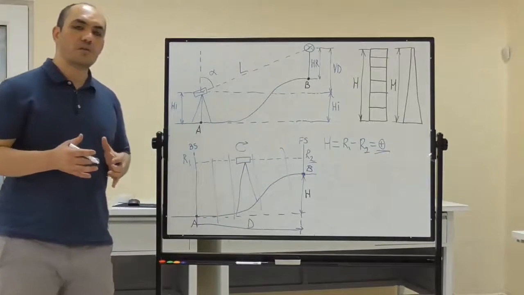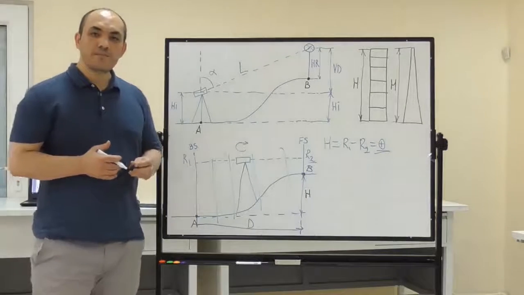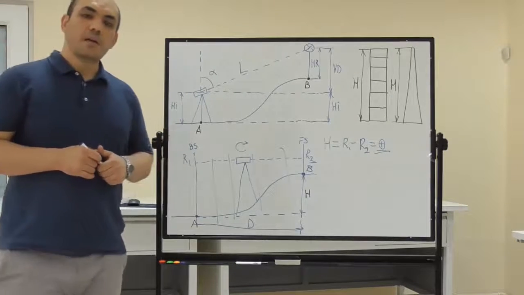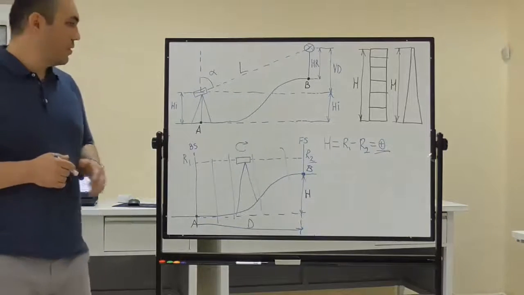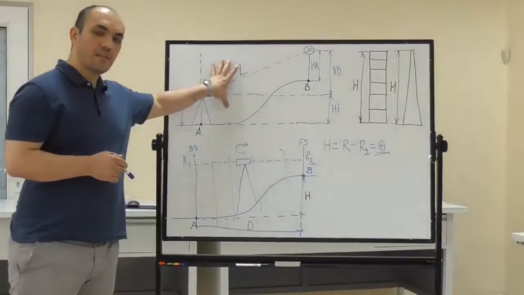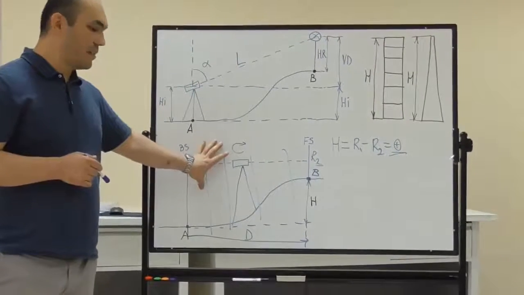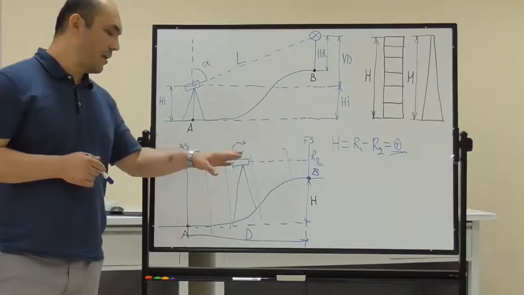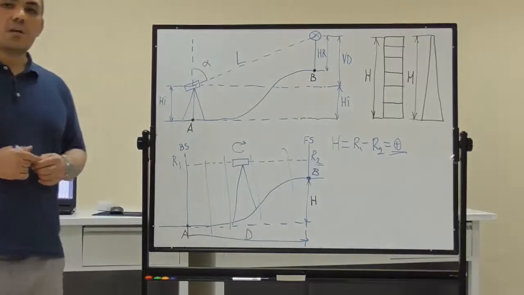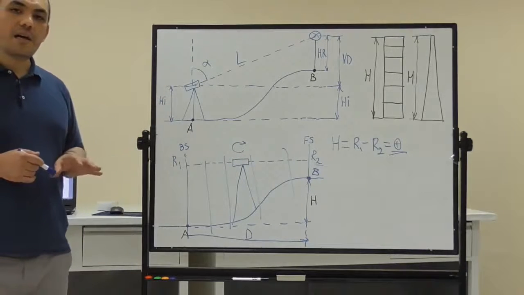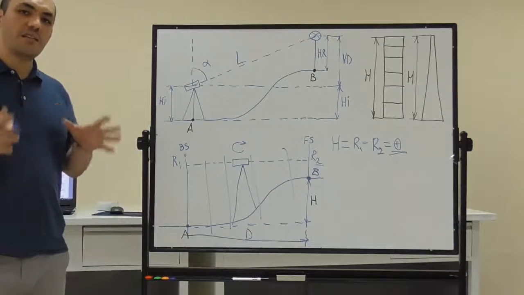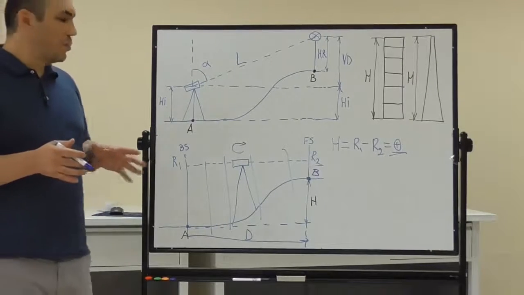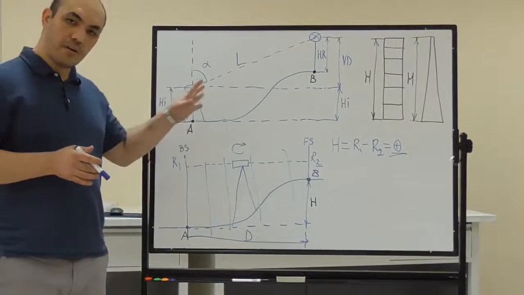So now I'm not going to discuss differential leveling, and I've just explained two methods. The first is the indirect method, and the second is the direct method to calculate the relative height between A and B. Both methods have advantages and disadvantages, but today I'm not going to discuss which method is better.